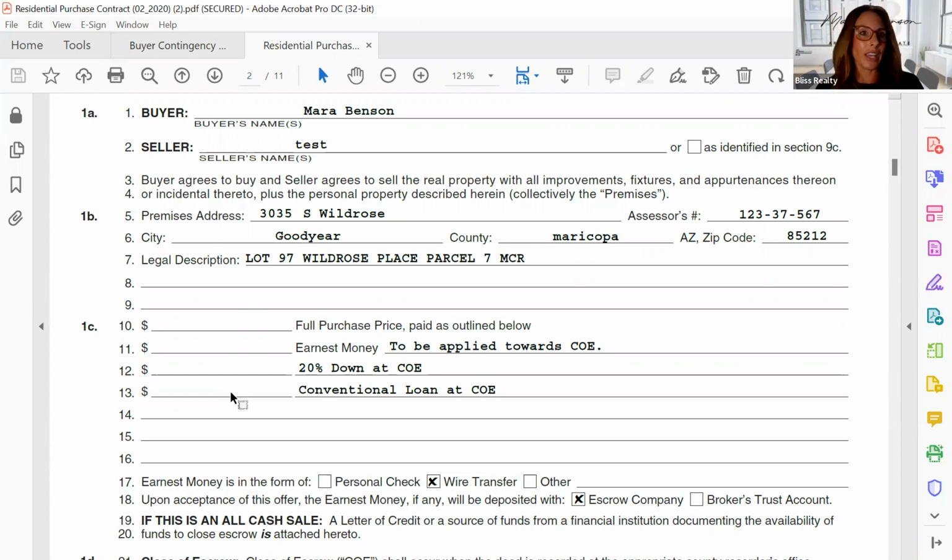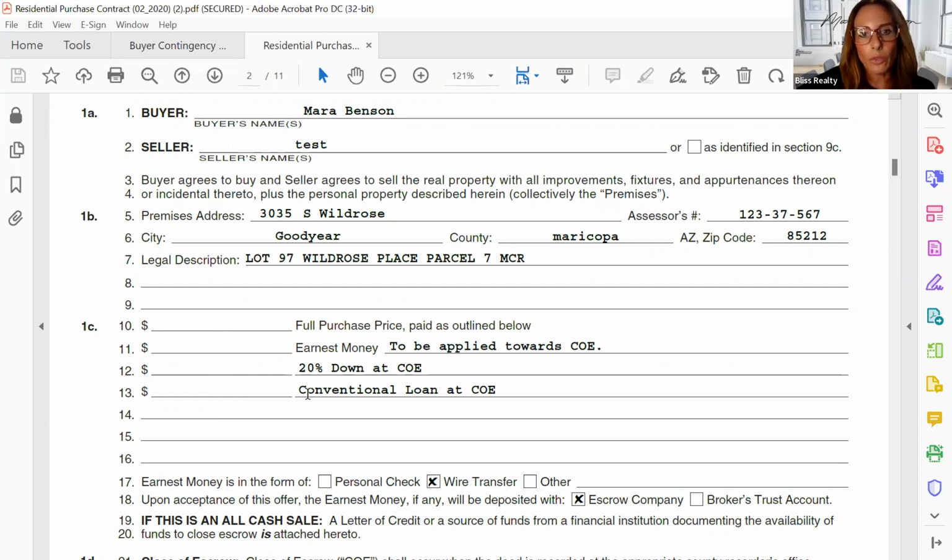That's held there in case the buyer breaches. So it's really the buyer's money and what it gets applied to at closing. But it's the purchase price minus the down payment, and that's going to be your loan amount at the end of the day. So all these line items here have to be filled out and spelled out.